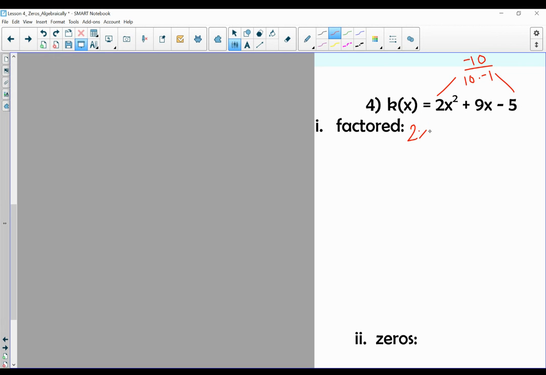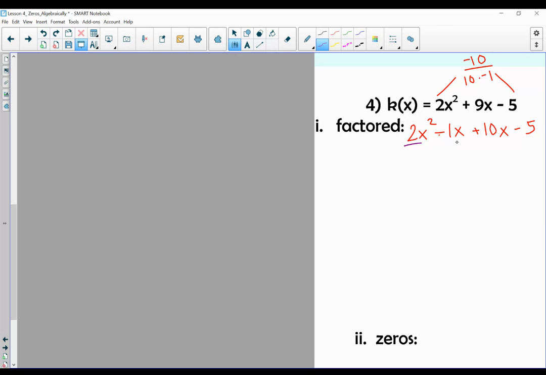So I bring my first term down, and then I break up my b into positive 10x and negative 1x. And if you remember, I like to write my negative 1 first. Negative 1x plus 10x just makes it easier in the long run. And you could write this as negative 1x or negative x.